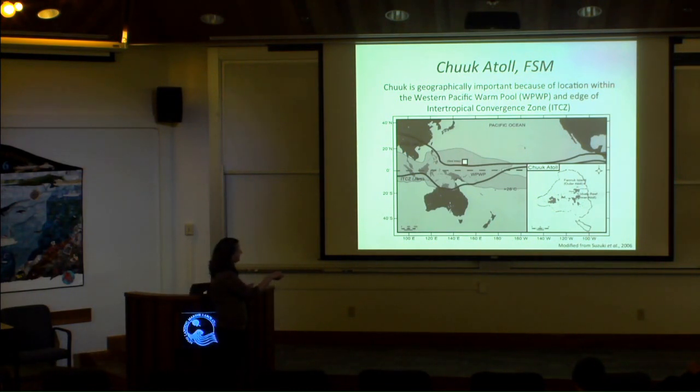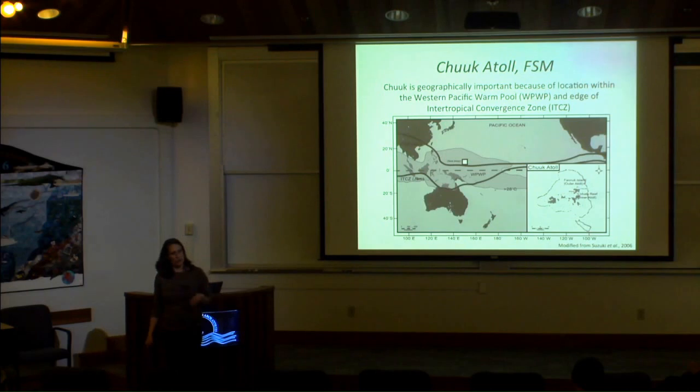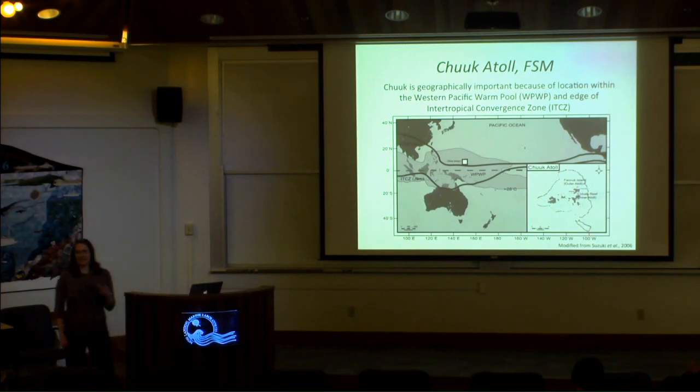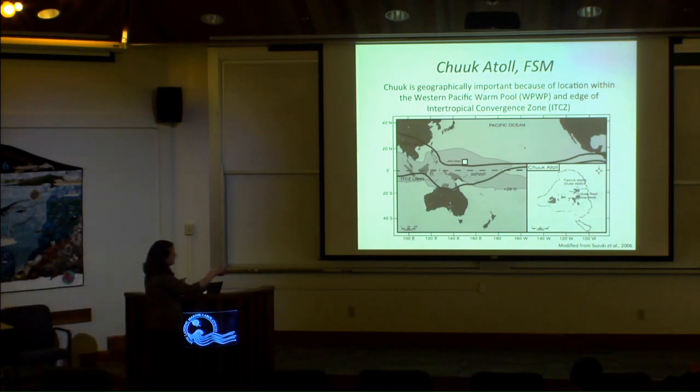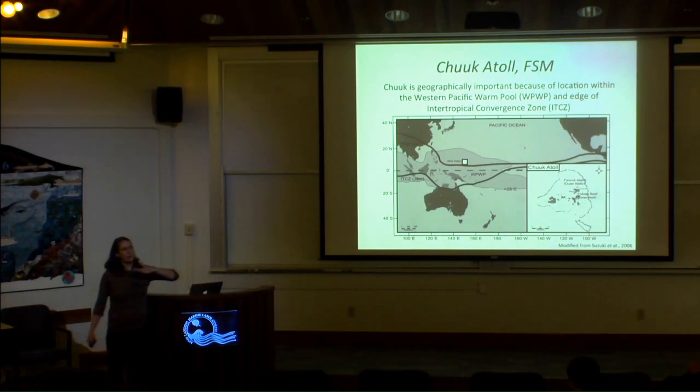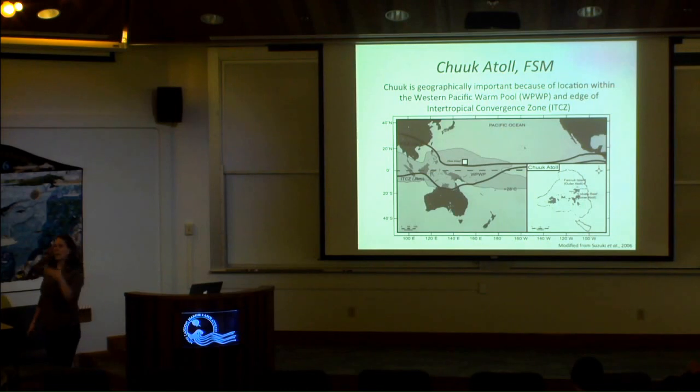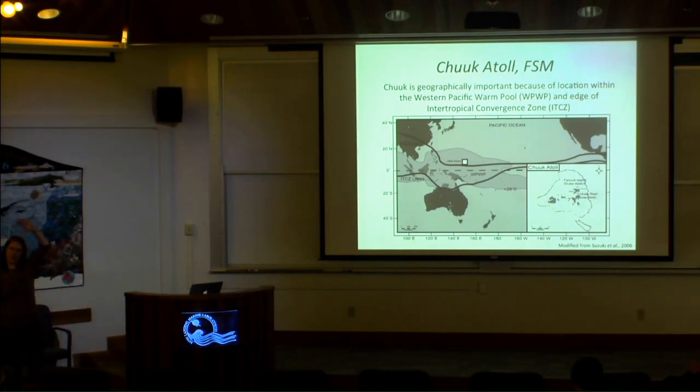Chuuk is kind of right where this little white box is here. And this is the outline of the 28 degrees C isothermal line, which is basically the boundary of the Western Pacific warm pool. And Chuuk is right smack dab in the middle of this warm pool. It's also in this area where the intertropical convergence zone migrates back and forth over Chuuk.